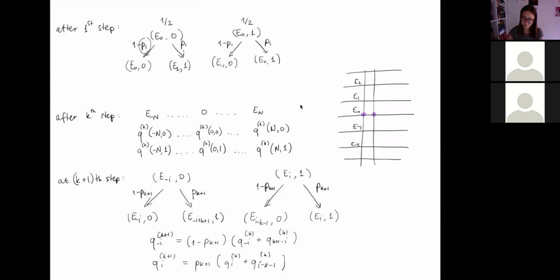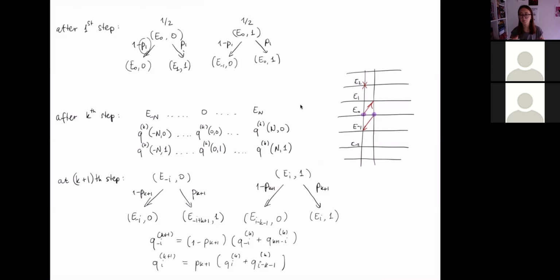So we can only move up and right, or we can move left and down. And given these two states that we start with, actually, we can never arrive in a state such that it would be on the left and up. Because if we go left, we always go down.